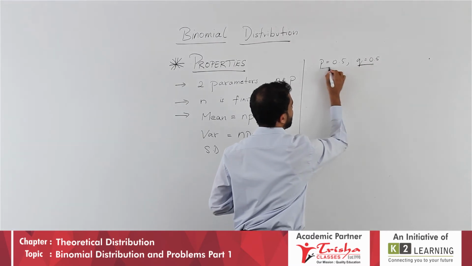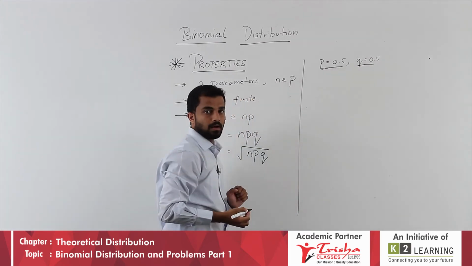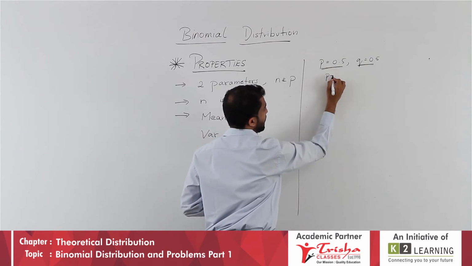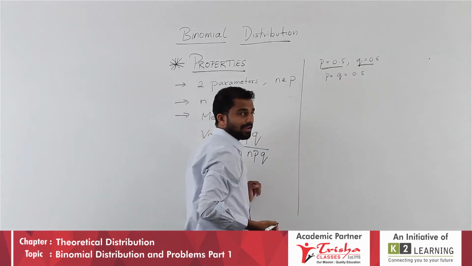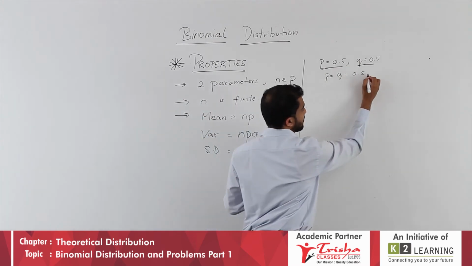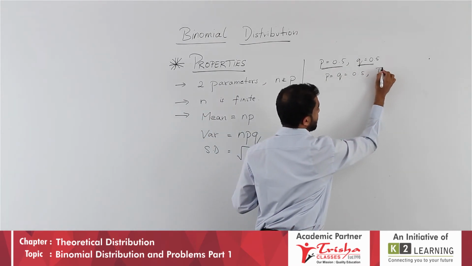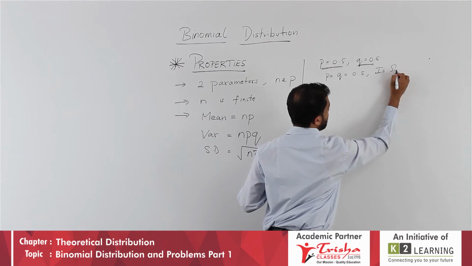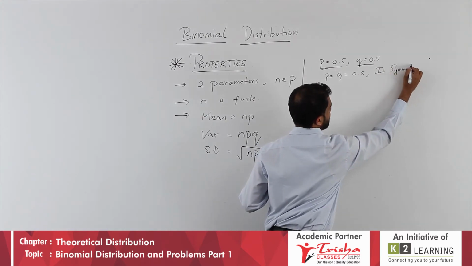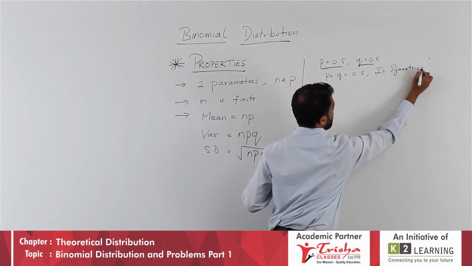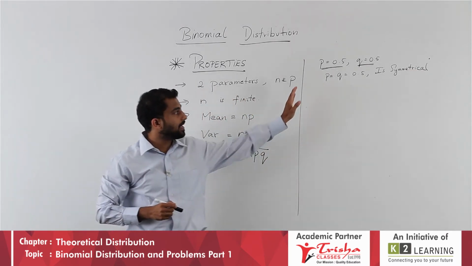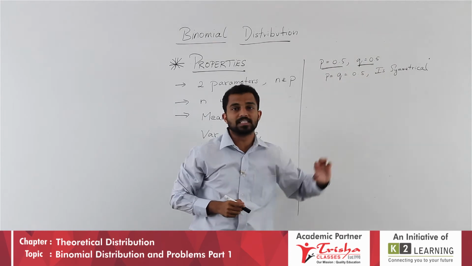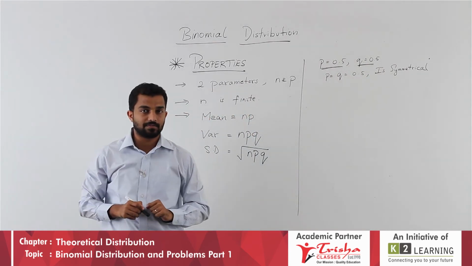Remember, whenever p is equal to q is equal to 0.5, we say the distribution is symmetrical. This is what we say whenever p and q are the same, which is 0.5.